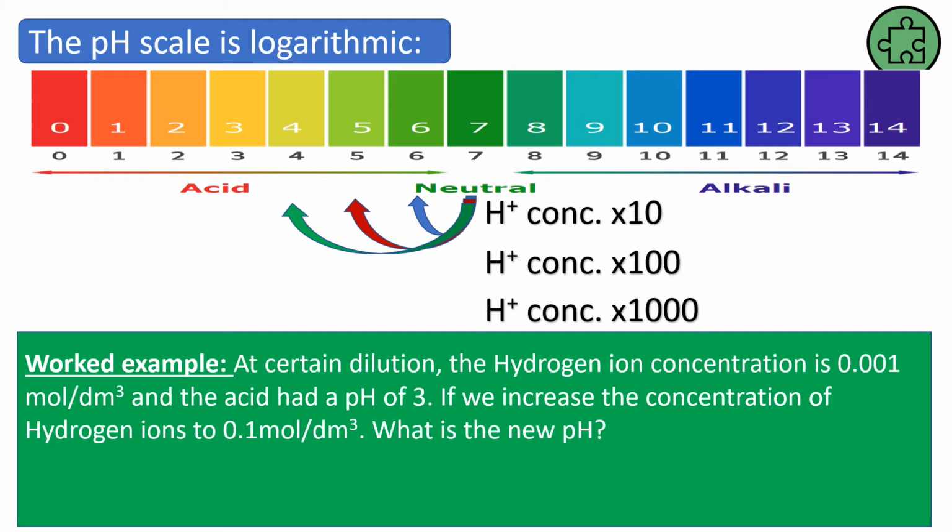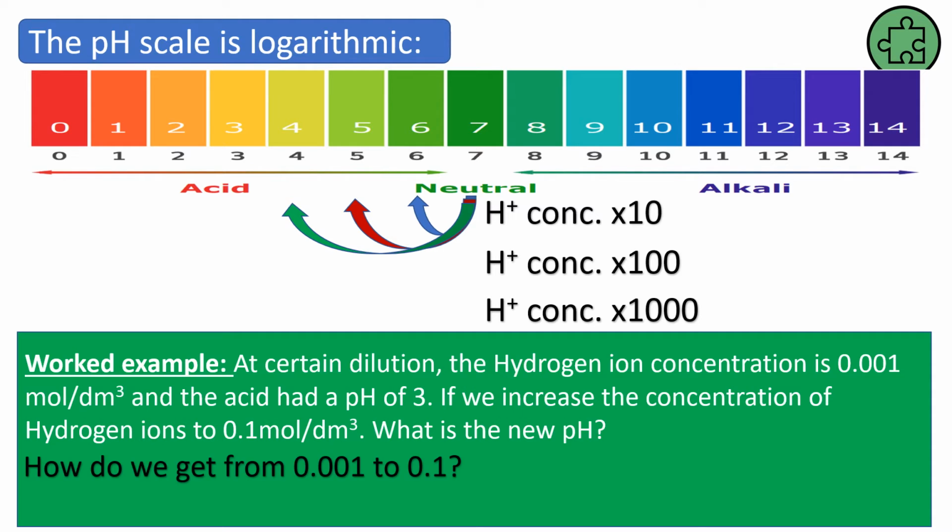It says at a certain dilution, the hydrogen ion concentration is 0.001 moles per decimetre cubed, and the acid had a pH value of 3. If we increase the concentration of hydrogen ions, that's going to make it more acidic, which means it's coming down the pH scale. If we increase the concentration of hydrogen ions to 0.1 mole per decimetre cubed, what is the new pH?